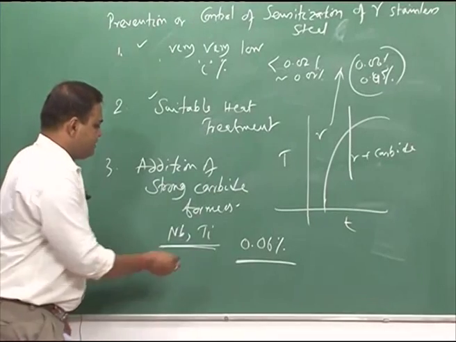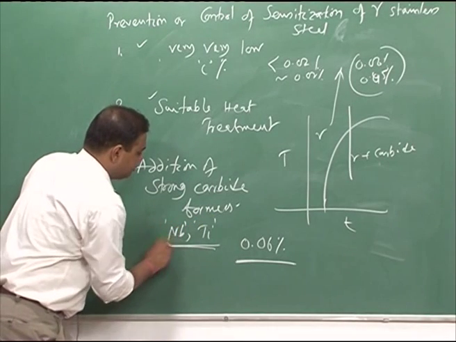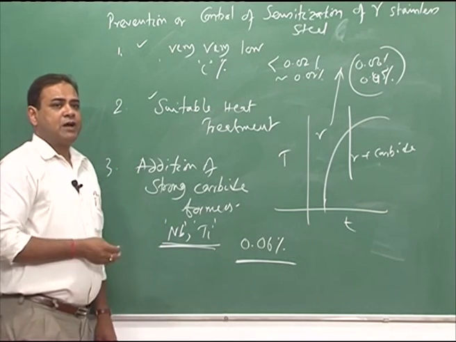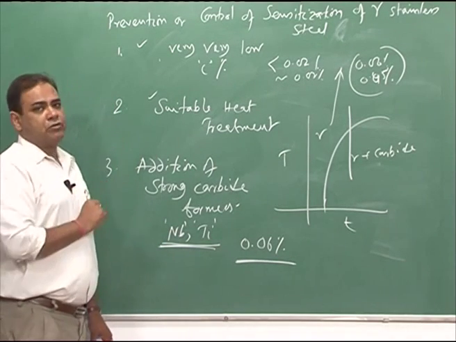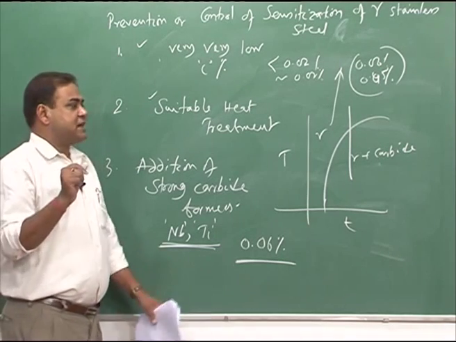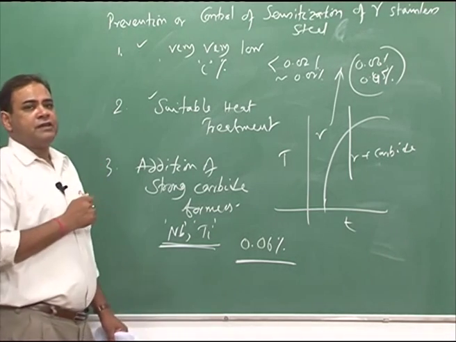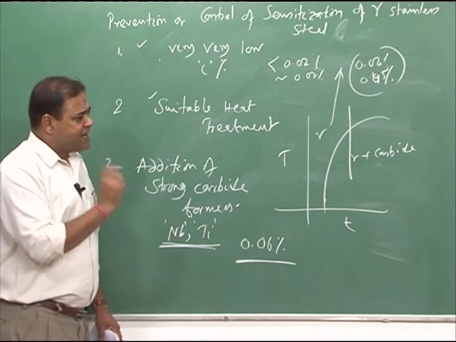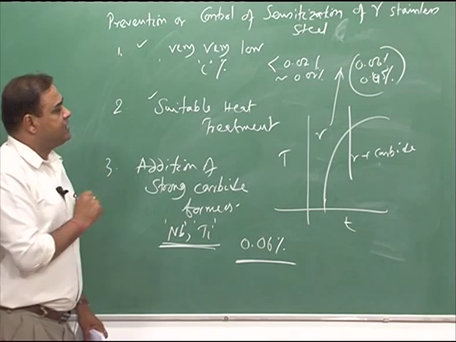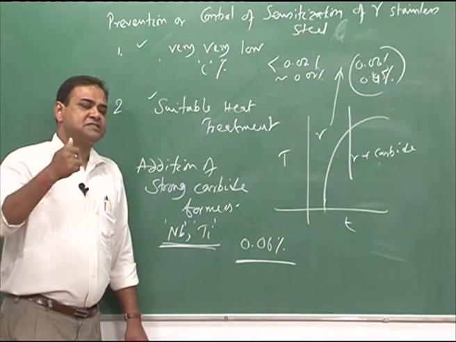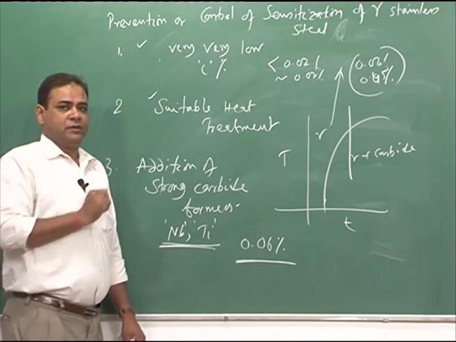Now, the point is, as it is said that titanium carbide or niobium carbide can also form along the grain boundary, but still we are not experiencing much problem with sensitization, grain boundary attack or intergranular corrosion. The main thing is, in 18/8 stainless steel, the corrosion resistance comes from chromium.